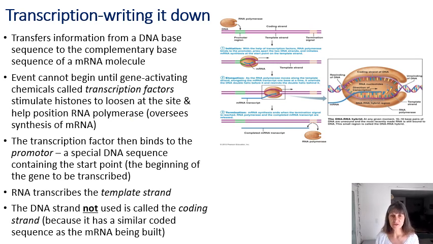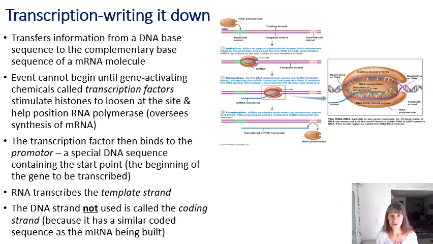The transcription factor will bind to a special portion of the DNA sequence, which is referred to as the promoter section of DNA, and that's the beginning of the gene on the DNA where transcription begins.